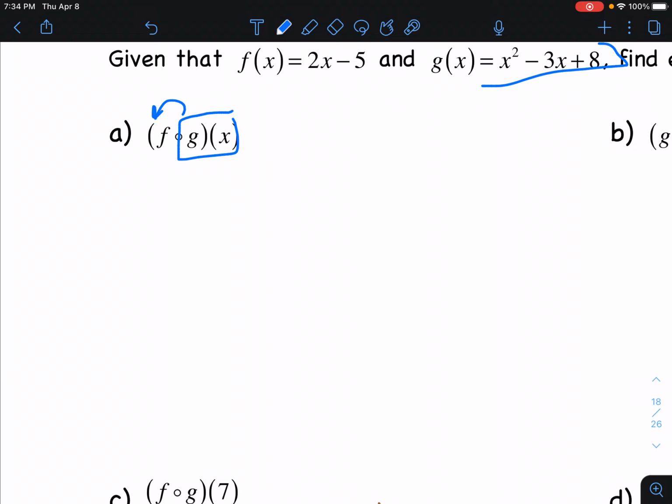So here's function g. It's going to go in for f for this x here. So instead of 2x minus 5, it's 2 parentheses minus 5. And then in the parentheses will be function g.